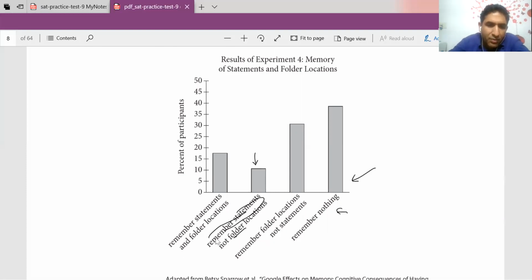This is the least number, where people simply remember the information but not where it is stored. Most of the people remember the folder location, not the statement. These people simply remembered the location, and these were the people who remembered both. All right, fine, so this is the whole passage.